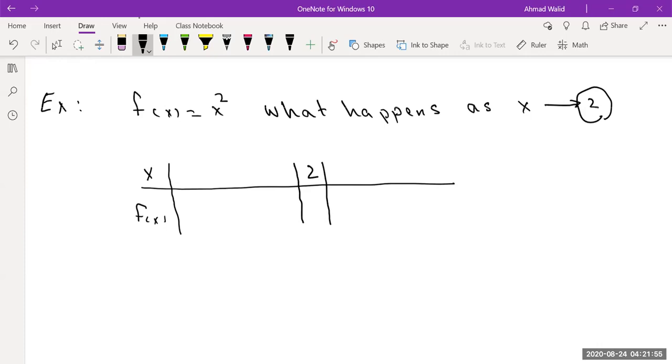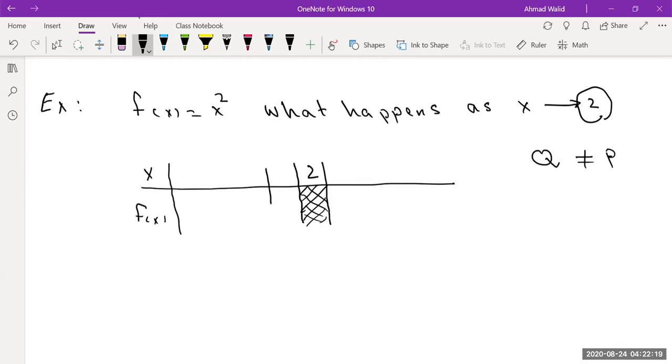Whatever this number is, as x approaching to our number a, right? Always put it in the middle. Approaching to 2 doesn't mean that your point goes on the top of 2, right? I told you at the beginning that Q cannot be equal to P. That's why I'll block here.